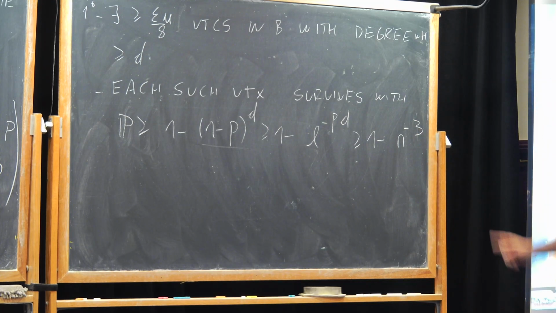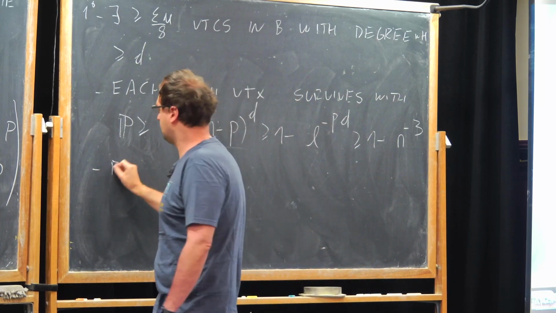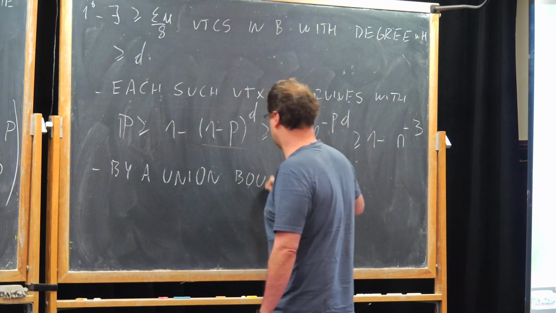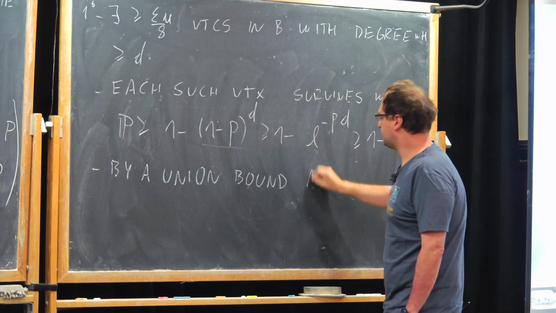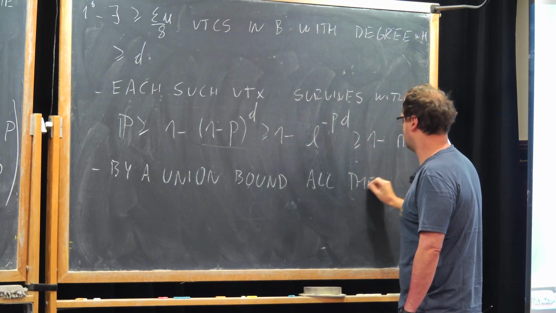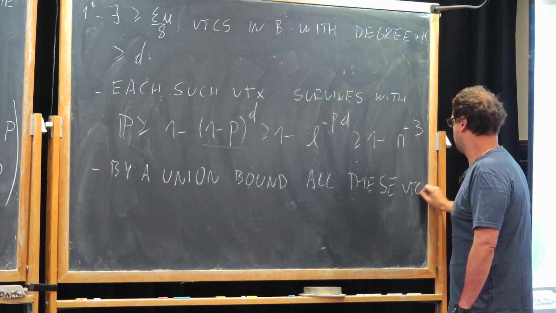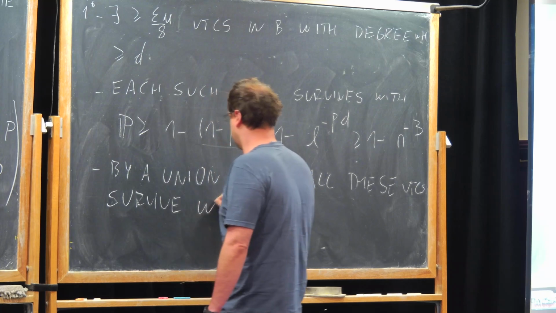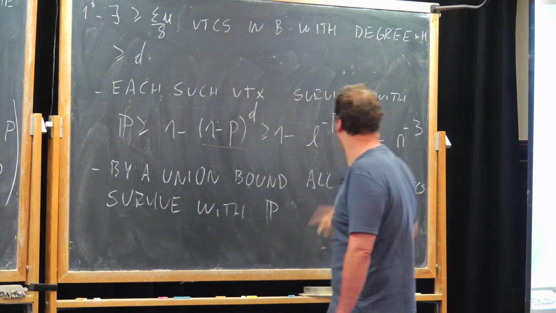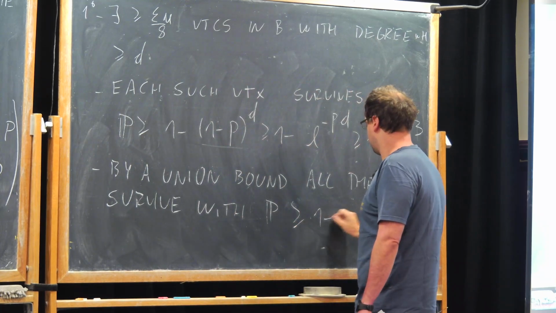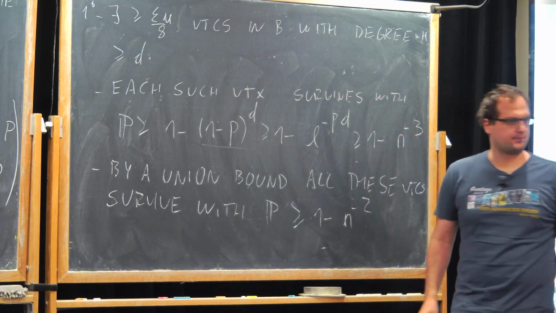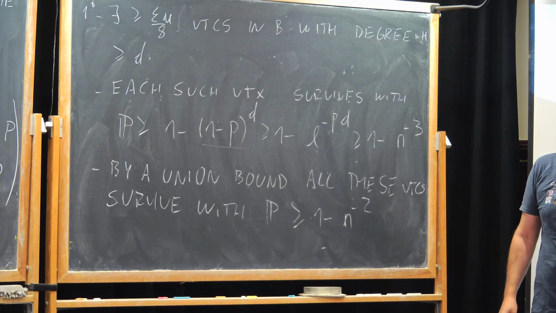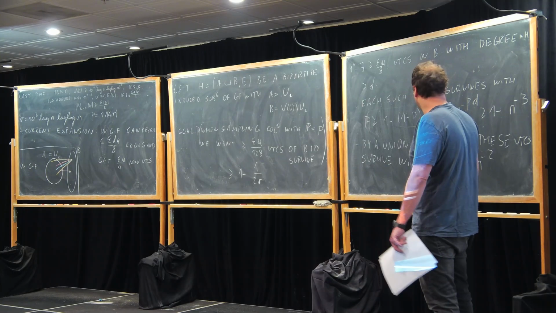Good. So that means by union bound, all these vertices survive with probability at least 1 minus n to the minus 2. We have at most n such vertices, actually epsilon u over 8, but you don't really have control how big u is. It might be linear, so you might as well do n there.